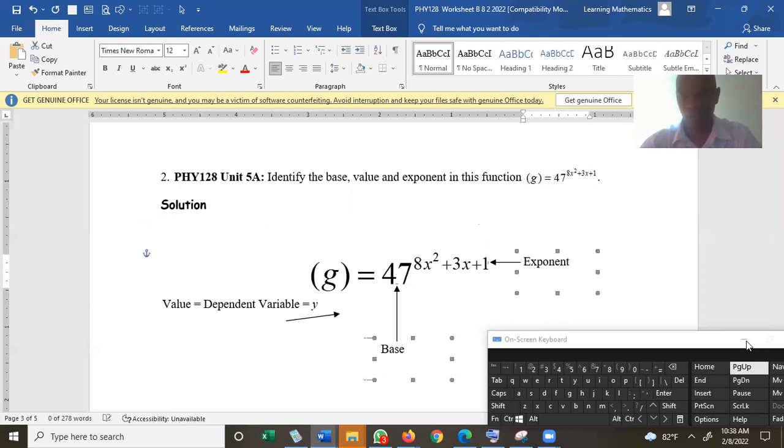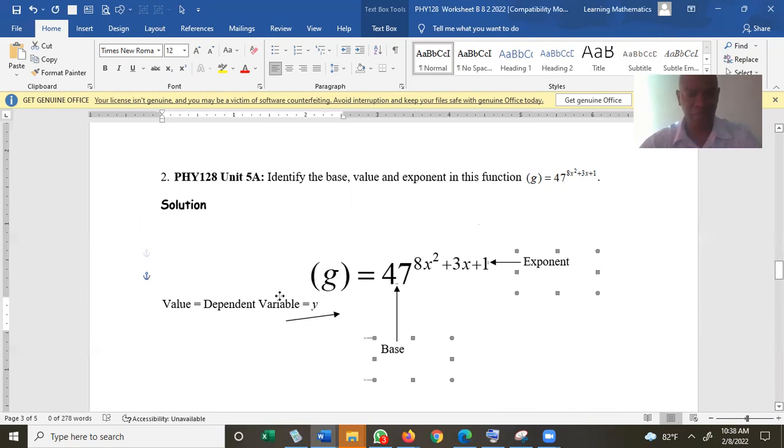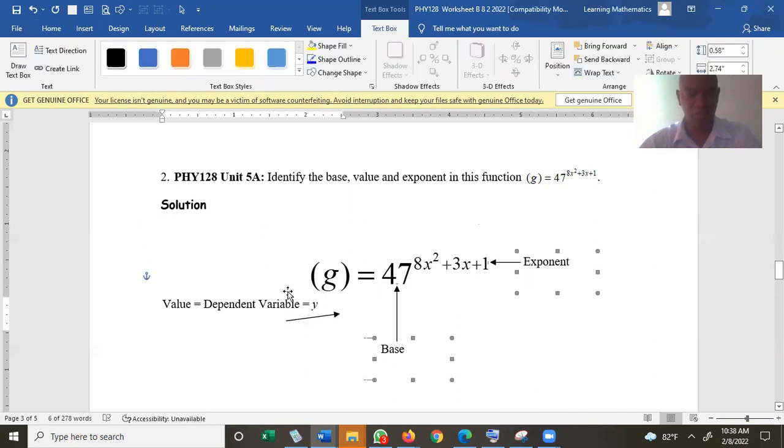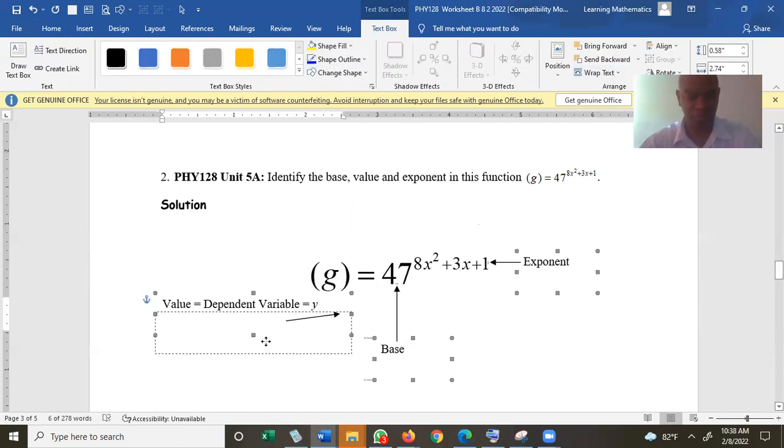Like a superscript. But you have different superscripts. You have one on the left corner upwards that is not an exponent. It must be on the upper right corner. And the value now, the dependent variable, generally denoted as y, is actually g. g is the value.